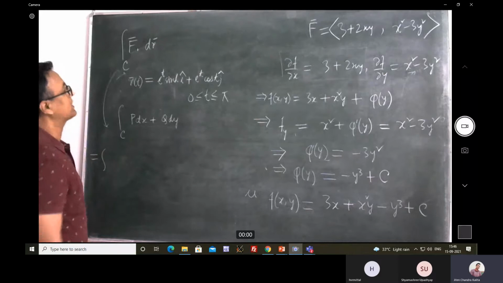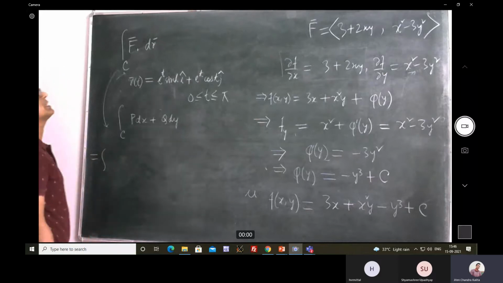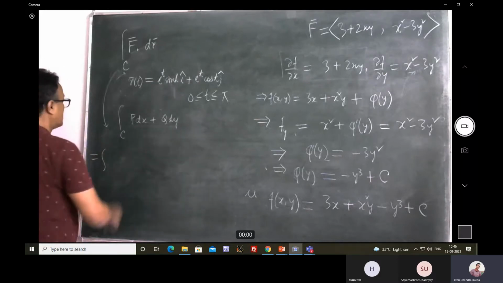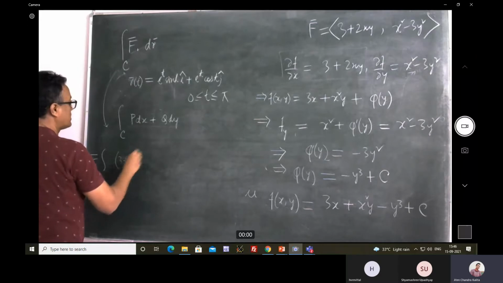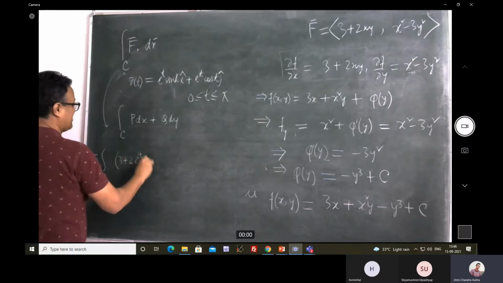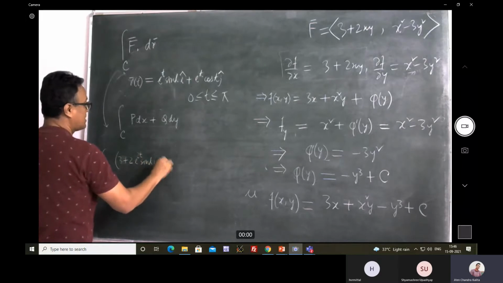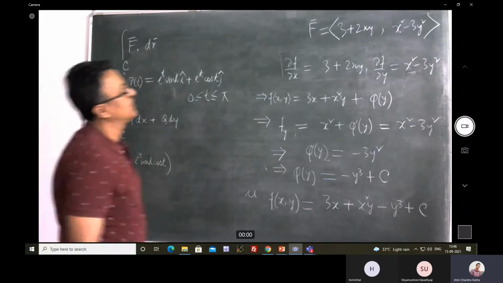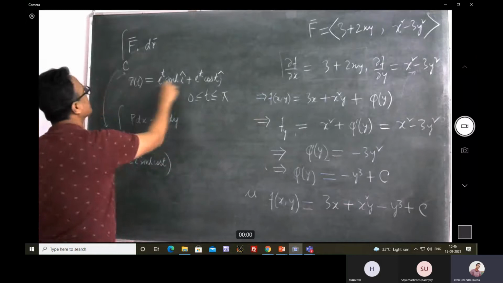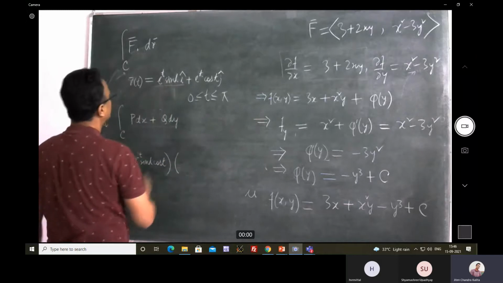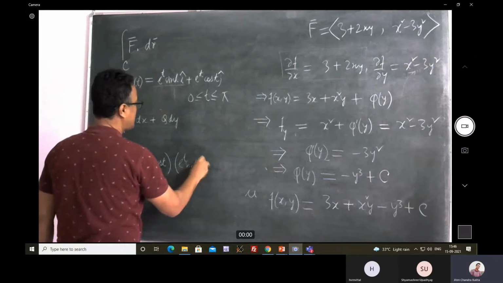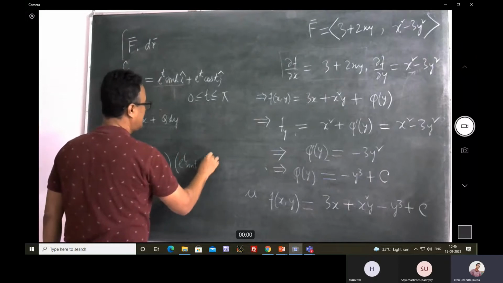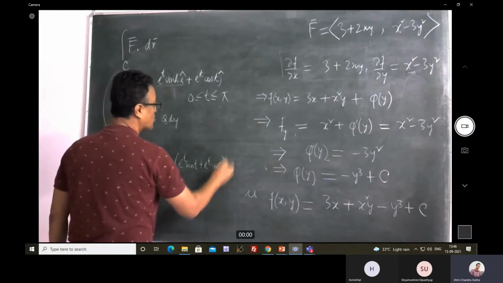So in order to do that, you see that P is your 3 plus 2xy. So this is 3 plus 2xy, so it is going to be 3 plus 2 e to the power 2t sin t cos t. Okay? And dx is again going to be the derivative of this, which is e to the power t sin t plus e to the power t cos t dt.